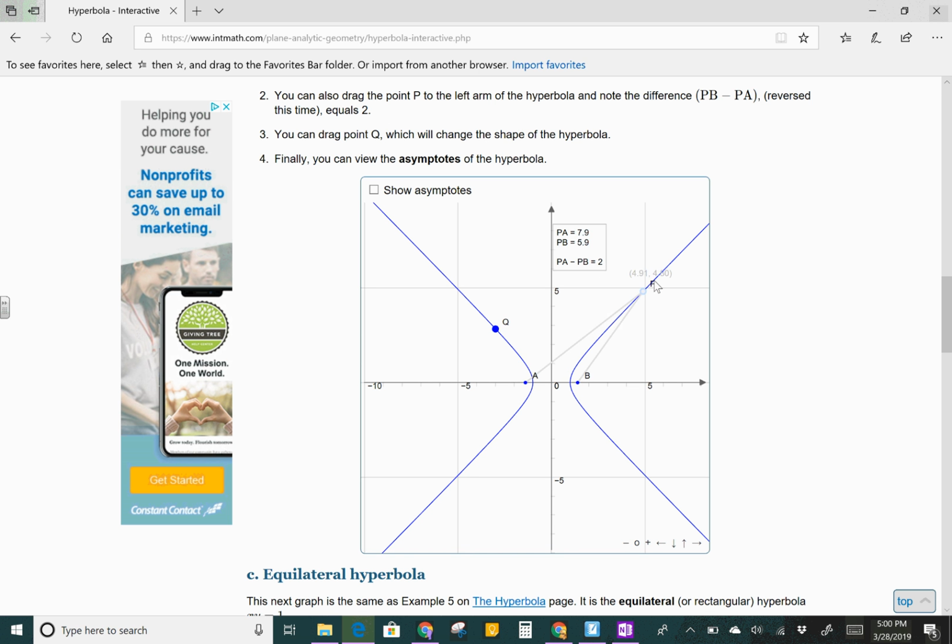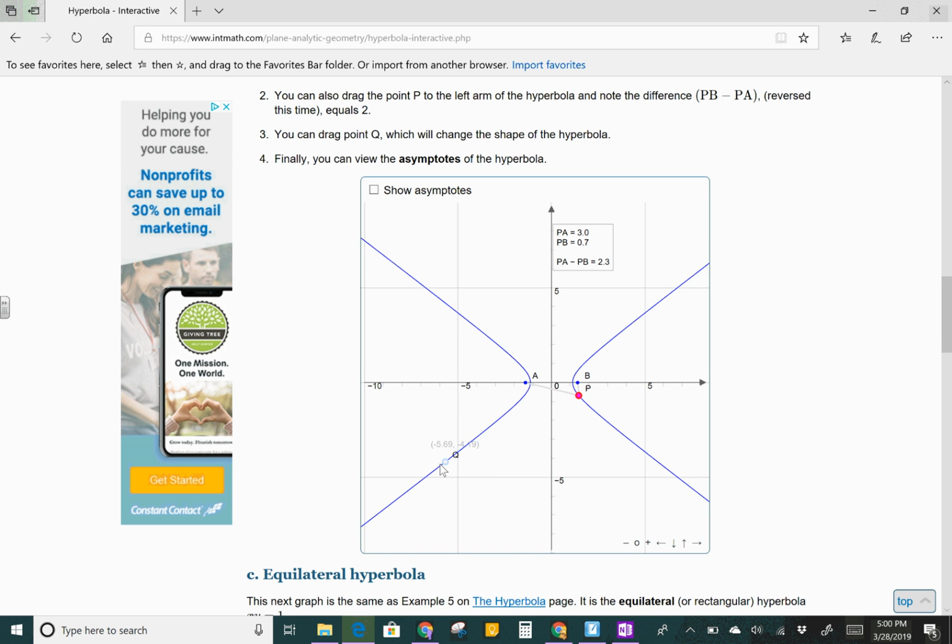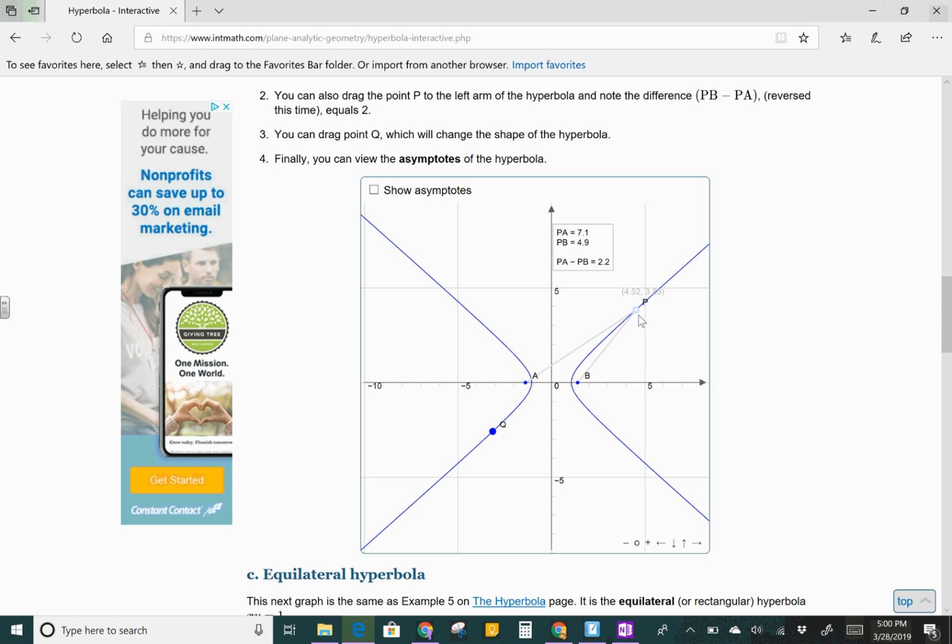So you can see that the difference is staying the same, but what's changing is exactly where the point is. So this is the set of all points that we have on here. Okay, so if I got Q, same thing is happening with it. But P could be on either branch. That's doing PA minus PB.